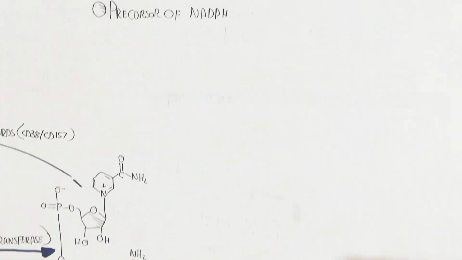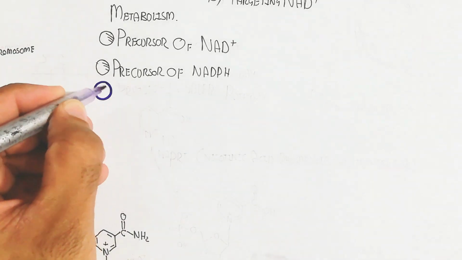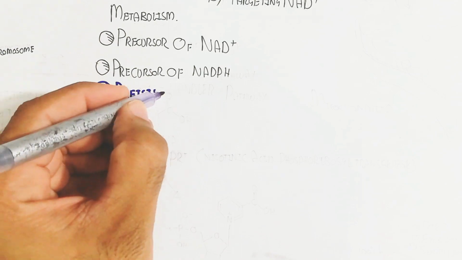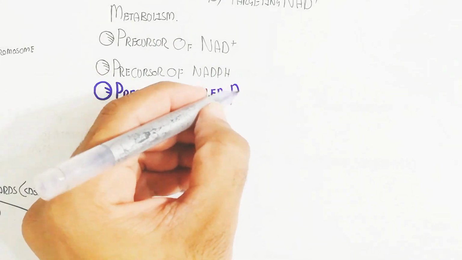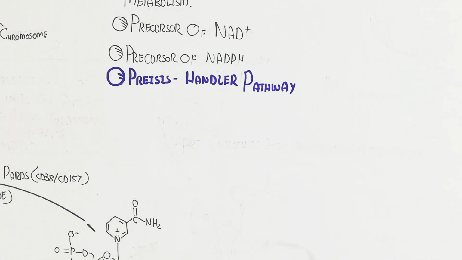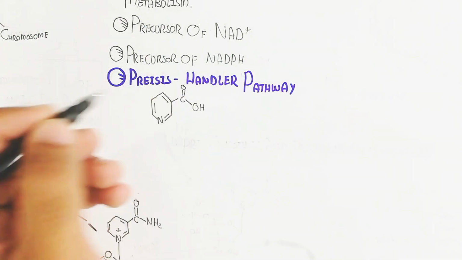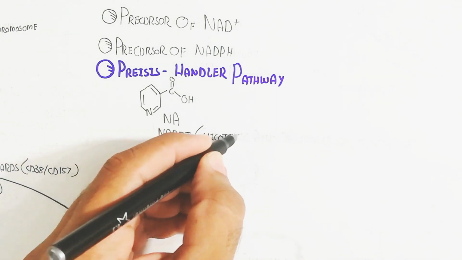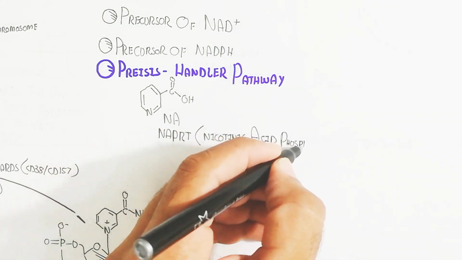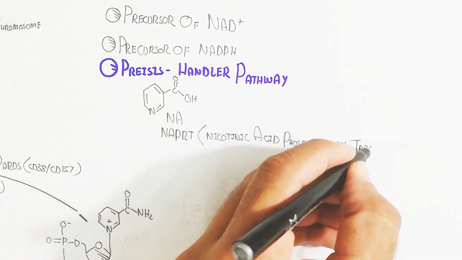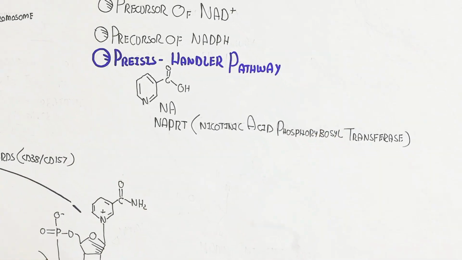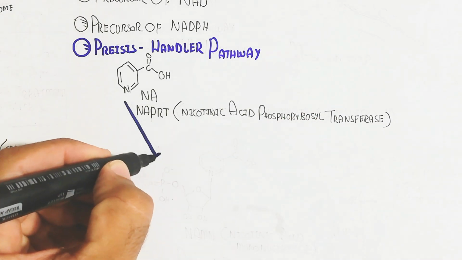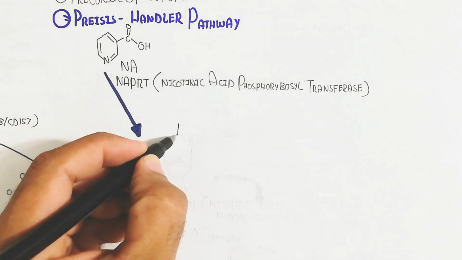Let's begin to understand the Preiss-Handler pathway. This pathway is named after the scientists, Preiss and Handler. From here, the nicotinic acid phosphoribosyltransferase enzyme acts on nicotinic acid to produce NAMN.